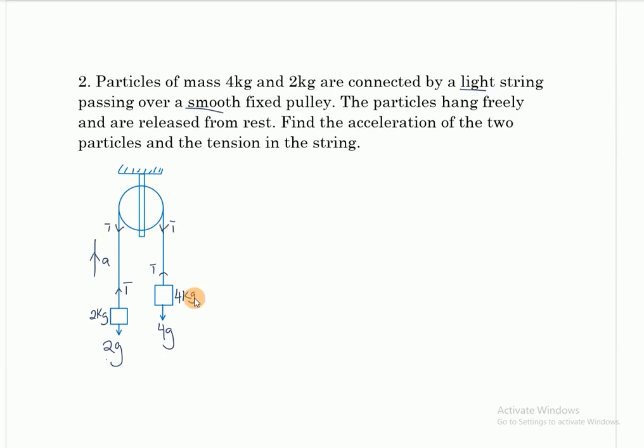Some people may wonder, where is the direction of the tension? Tension is relative. It depends on which object you are putting into consideration. Relative to the pulley, the tension in the strings acts downwards because the strings tend to pull the pulley downwards.